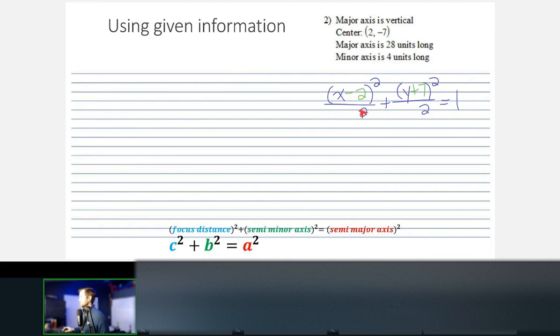So what number squared? So what's that number? So is it 2? So is it 2 squared that goes there? Yeah, okay. 2 squared. All right, and then what goes in the other blank? 14. So it would be 14 squared.